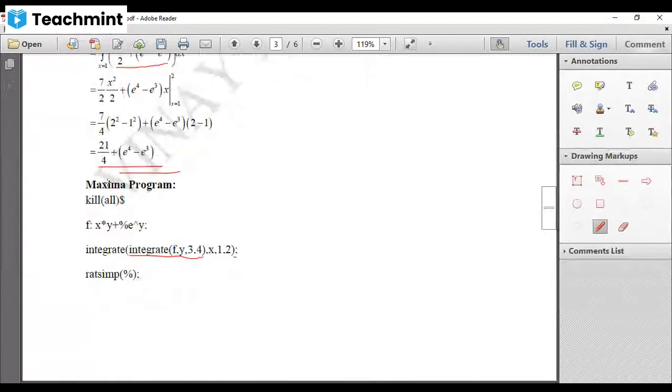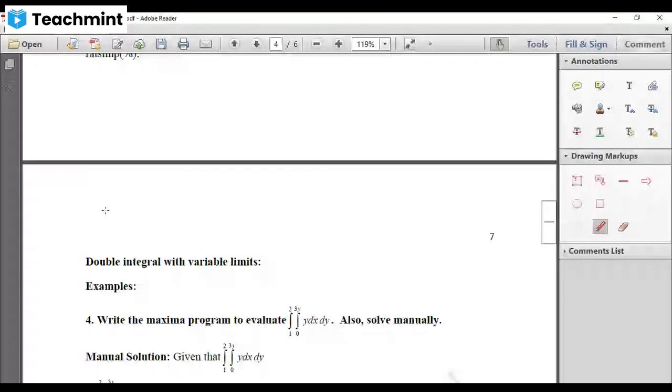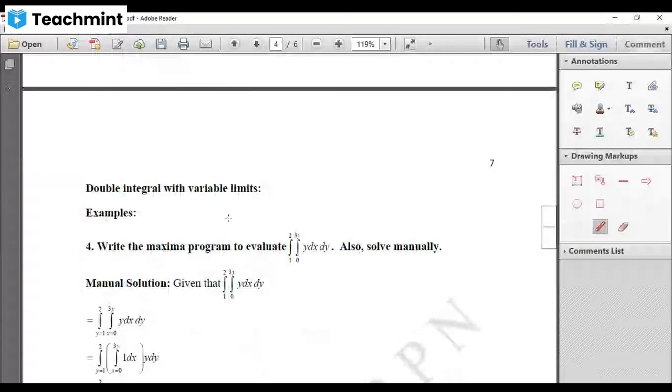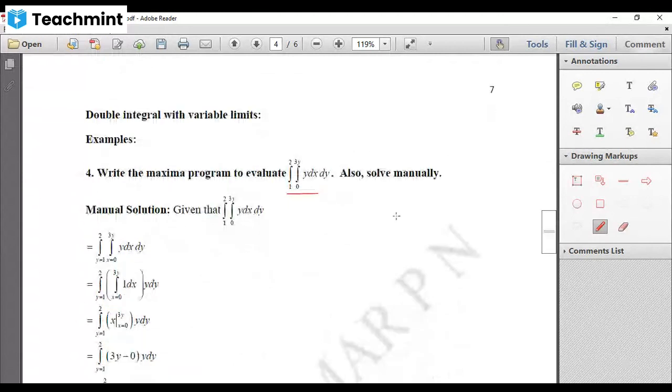Now, double integral with variable limits. See the example here. The limit is from 1 to 2 and 0 to 3y, y dx dy. So here limit is varying, right? Now, because this limit contains y, obviously this is the limit for x.